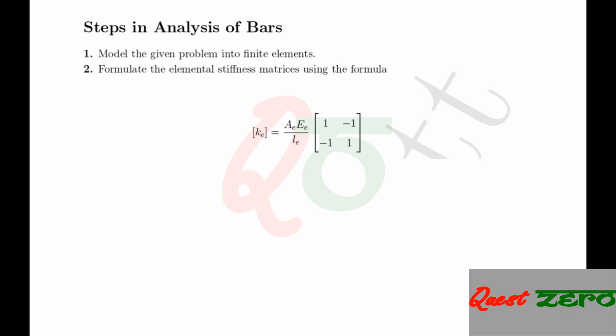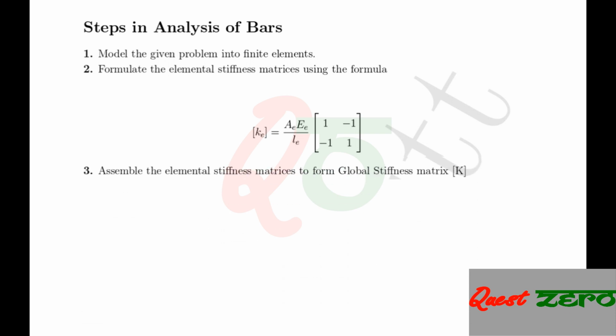Now small k represents the stiffness matrix for an element, small e represents the element number, capital A represents the cross sectional area of that particular element for which we are calculating the stiffness matrix, capital E represents the modulus of elasticity or elastic modulus, and small l denotes the length of that particular element.